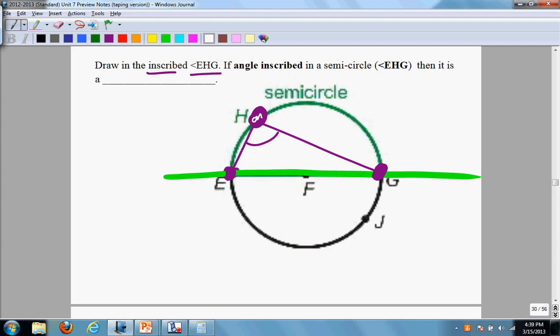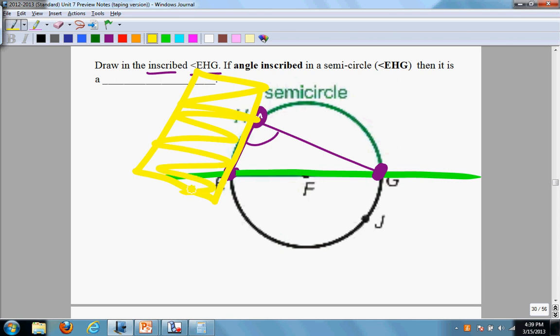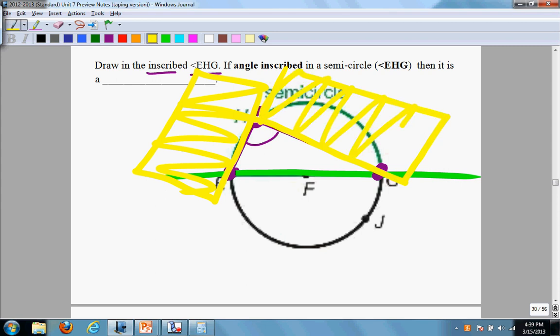This is a very important property here. I'd like you to get your post-it notes and frame, please, this angle. So frame here, one post-it note over here, and then put another one on this side. Frame it up. This inscribed angle is half the arc it's grabbing, so I'd like you to sweep that.